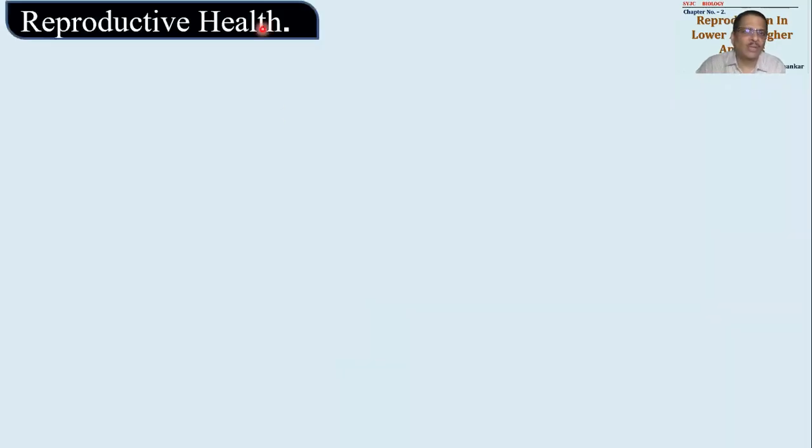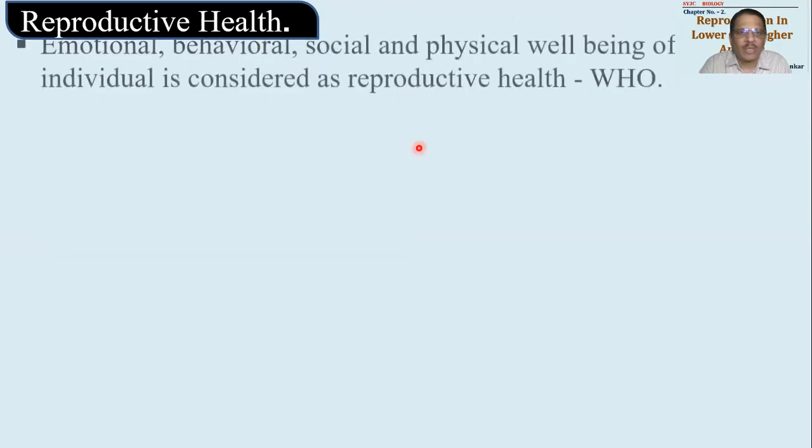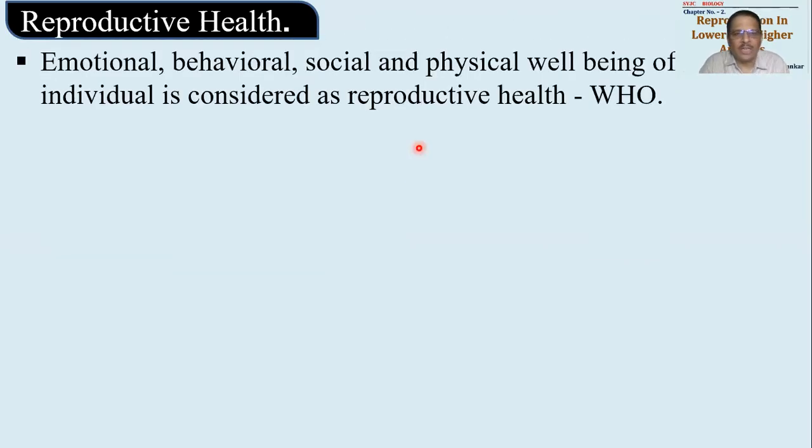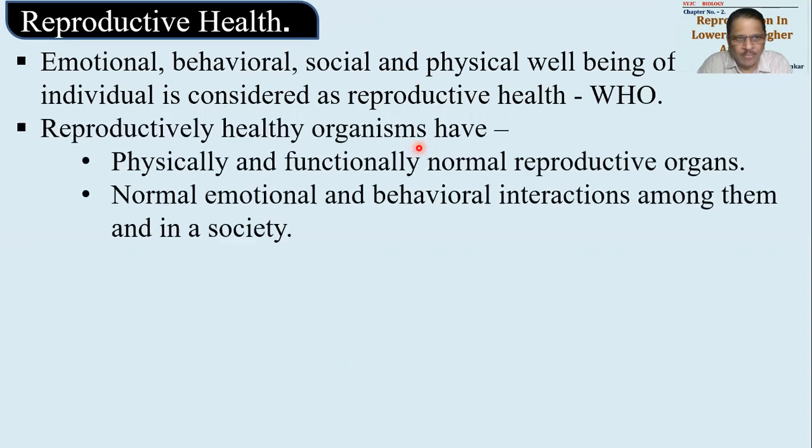Now, after understanding lactation, we have to understand some points regarding reproductive health. So what is reproductive health? Actually, it is the emotional, behavioral, social, and physical well-being of an individual that is considered as reproductive health. तो सभी जगह से फिजिकली नॉर्मल होना चाहिए, सोशली नॉर्मल होना चाहिए, बिहेवियरली नॉर्मल होना चाहिए, एंड इमोशनली ऑल्सो नॉर्मल होना चाहिए.